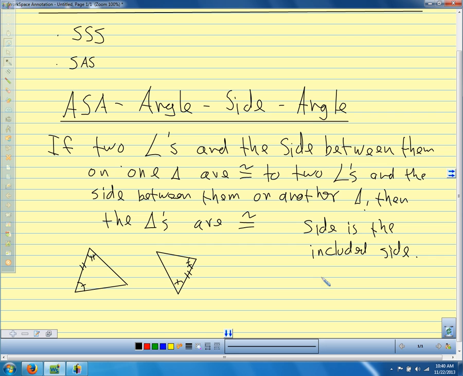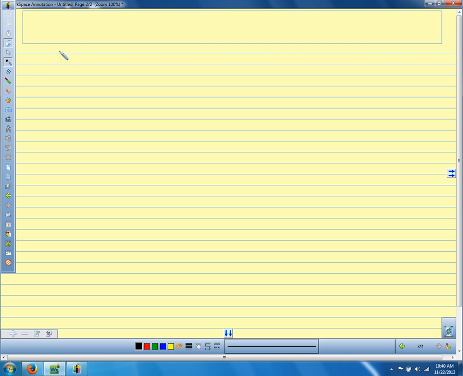But before we fill in our next box, I want to talk about a mistake that students make often. And I'm going to write this in red so we don't make this mistake. I'm going to say AAA doesn't work.